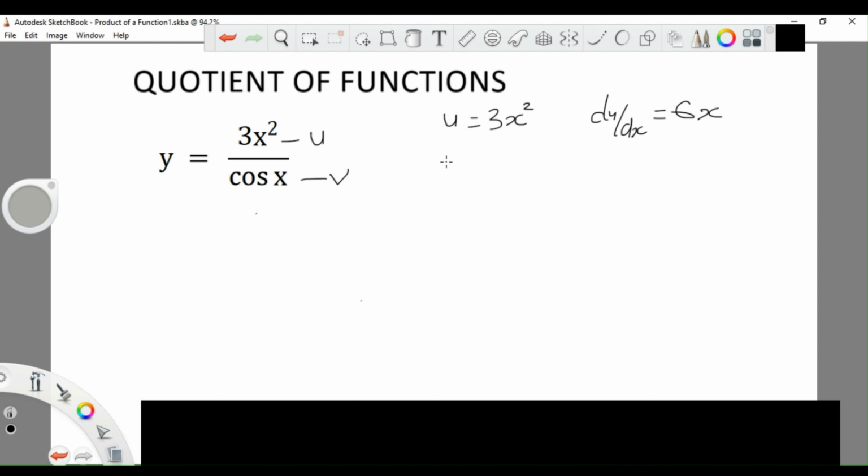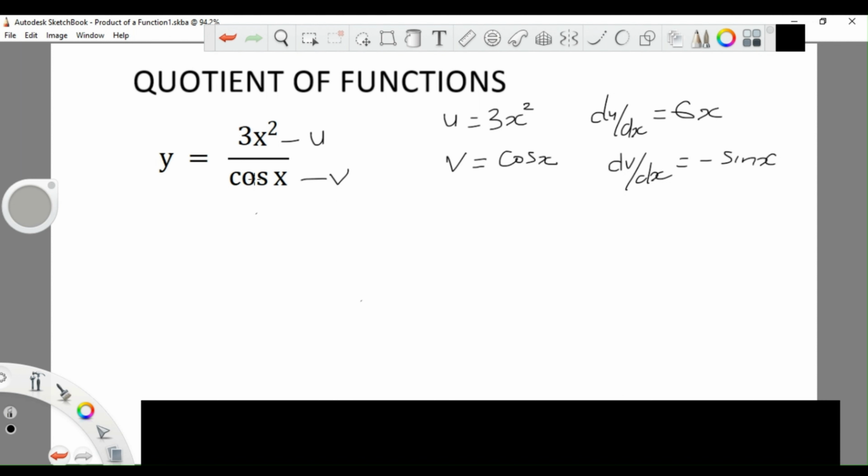Next, we have v. Our v is equal to cos x. Again, we have to differentiate v with respect to x. So when you differentiate v, dv dx, that will give us negative sine x. If you want to know how we do this differentiation, you have to watch our previous video that you see on the top right corner.